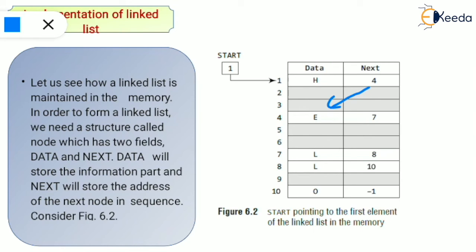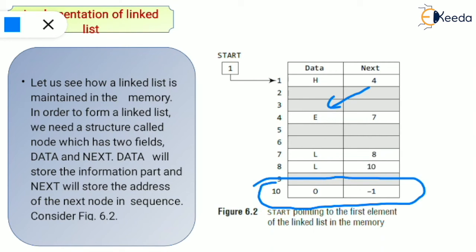In the last, at the 10th position, we are storing some data, that is 0, and in the next we got -1. So it is the sign that we have to stop pointing to the next node because it is showing the null value.